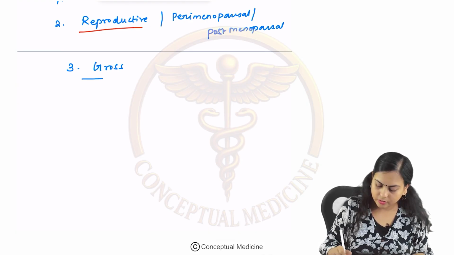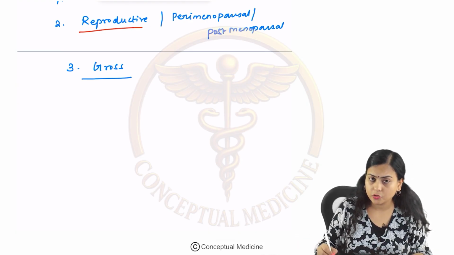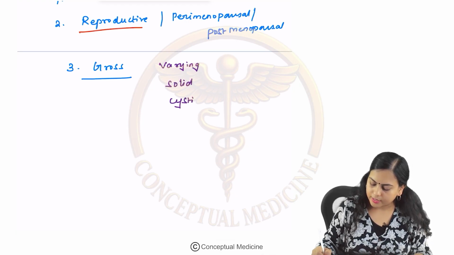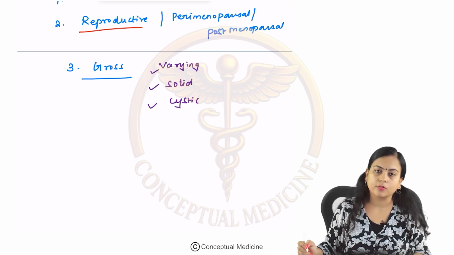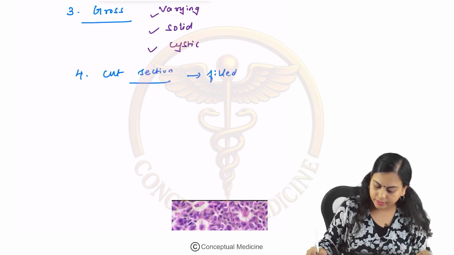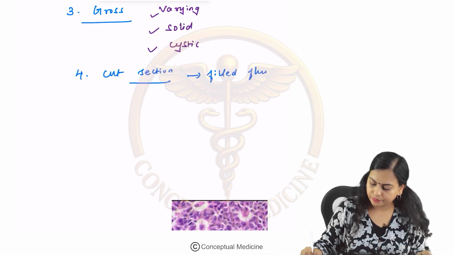gross feature of these tumors will be showing varying appearance. Some tumors are solid tumors, and as well as cystic tumors can also be seen. And cut section of these tumors will show that is filled with fluid or blood. Okay.